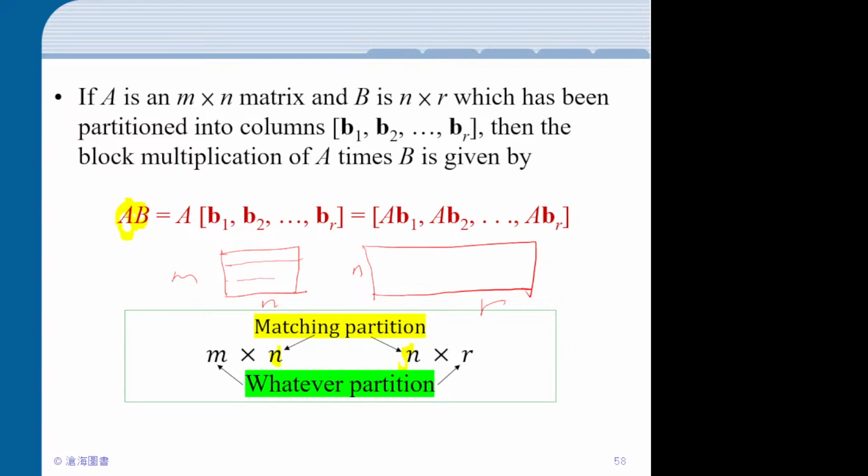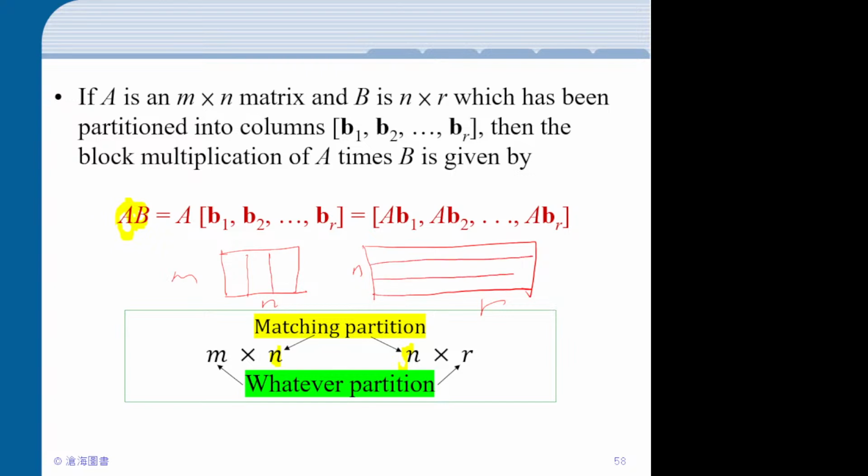Okay, so you can partition this n however you like, and then you need to have a matching partition on B.